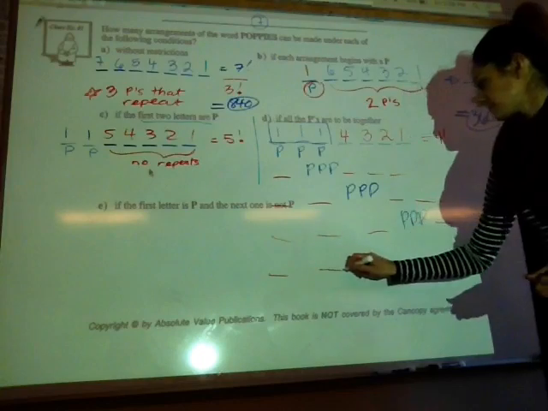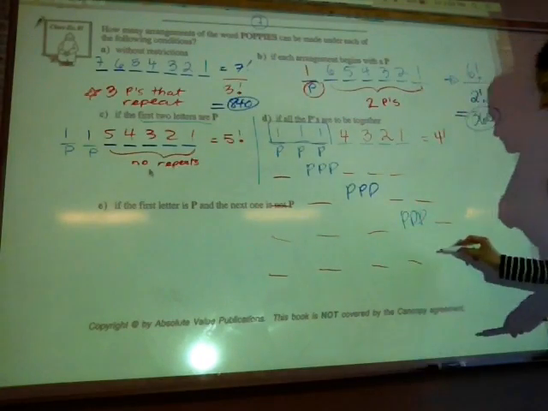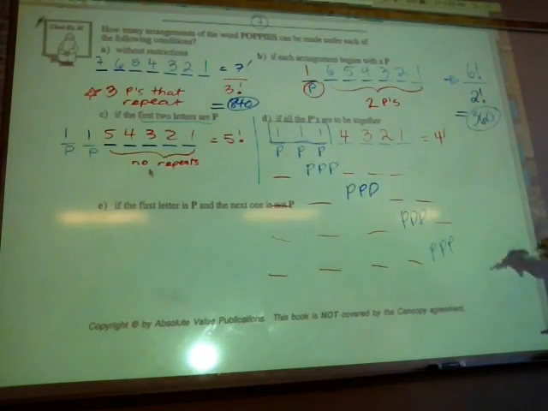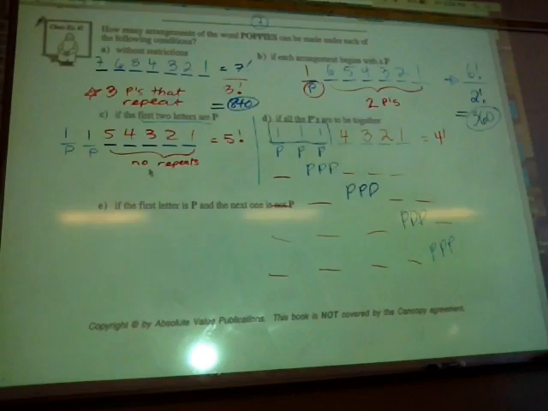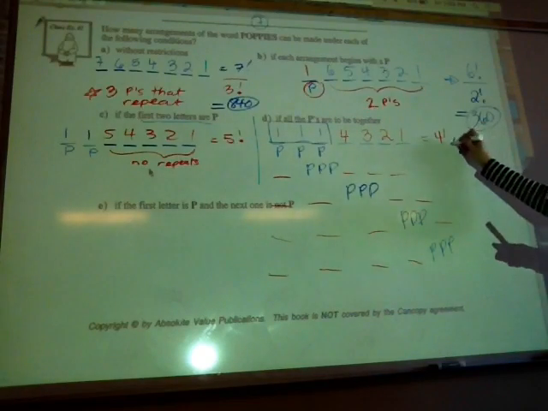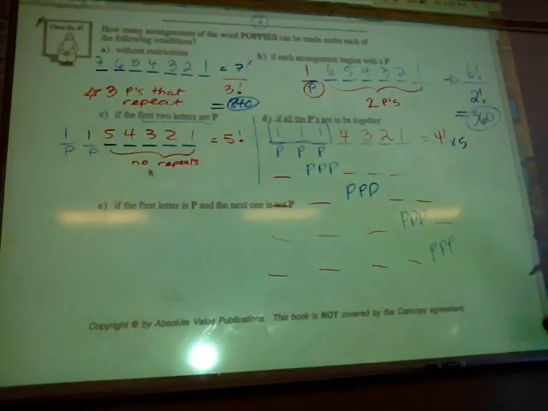Or they could be together in the fifth spot. So how many different ways could P be together? 5 different ways. So what's 4 factorial times 5? It's 5 factorial. Good.